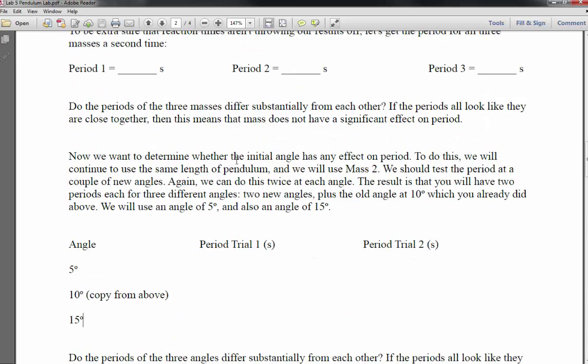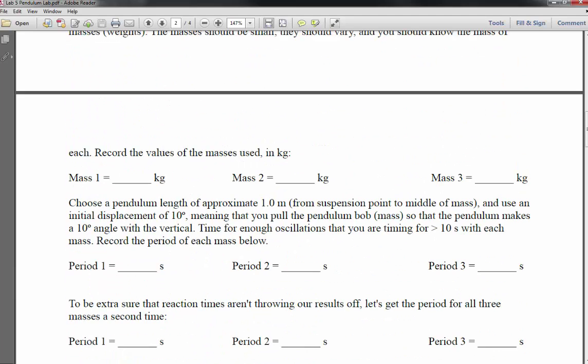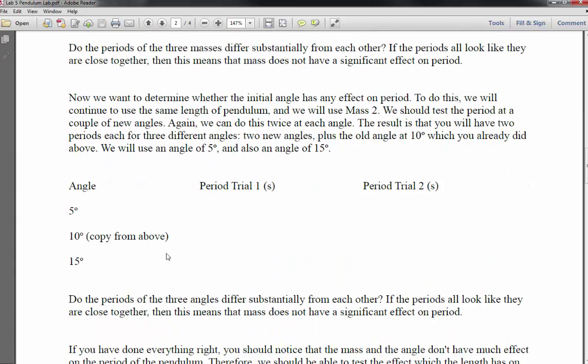You're using mass number 2, which as I drew it would probably actually be the 300 gram mass. Basically you want whatever is the middle of the two masses that you chose, even though I did 300 grams first. In drawing it, I decided we had 100, 300, 500, so use the 300 gram mass in my example.